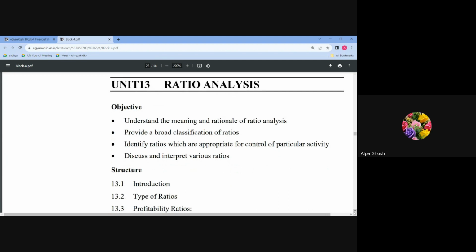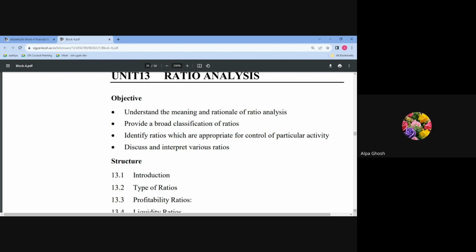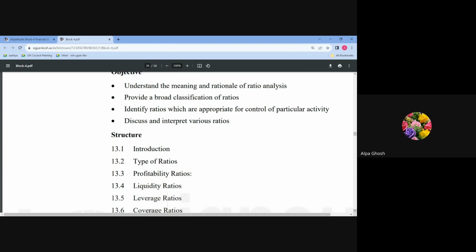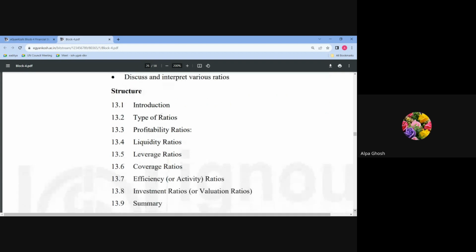So ratio is a comparison. Actually, ratio means what is its percentage. If we compare two data, the percentage of one with another. So when we go with the accounting ratios, we will start with types of ratios.